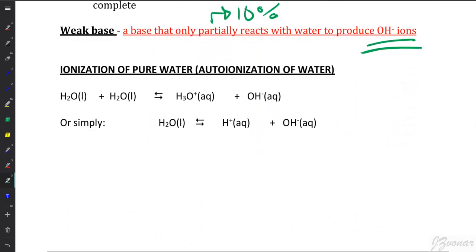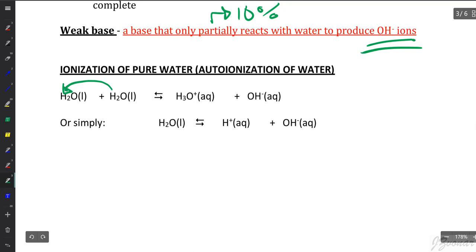Now, the ionization of pure water, another important concept, is called the auto-ionization of water. All right, so if we take water, notice what's happening here. This hydrogen is being given, so therefore this is acting as my acid, this water molecule, while this one is acting as the base. So we can simply rewrite this equation as follows.